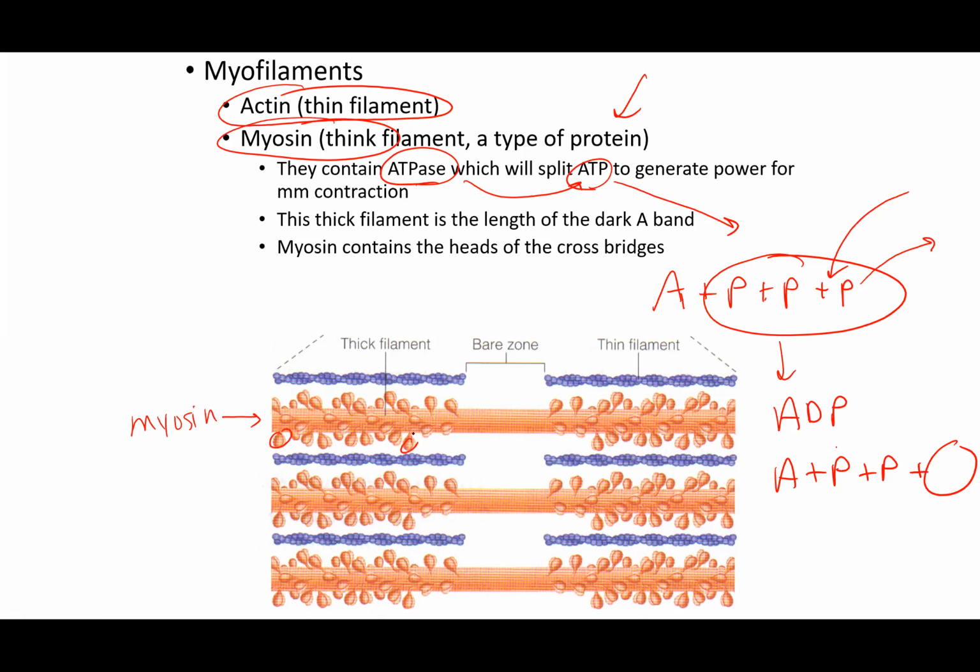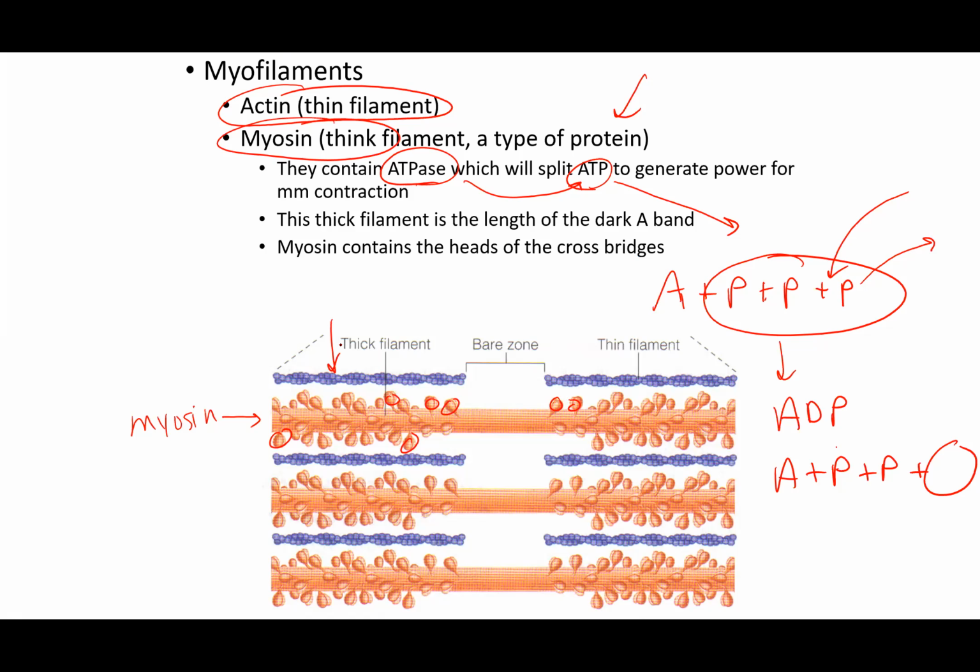You'll notice they have myosin heads. On the thin filament, this is the actin.